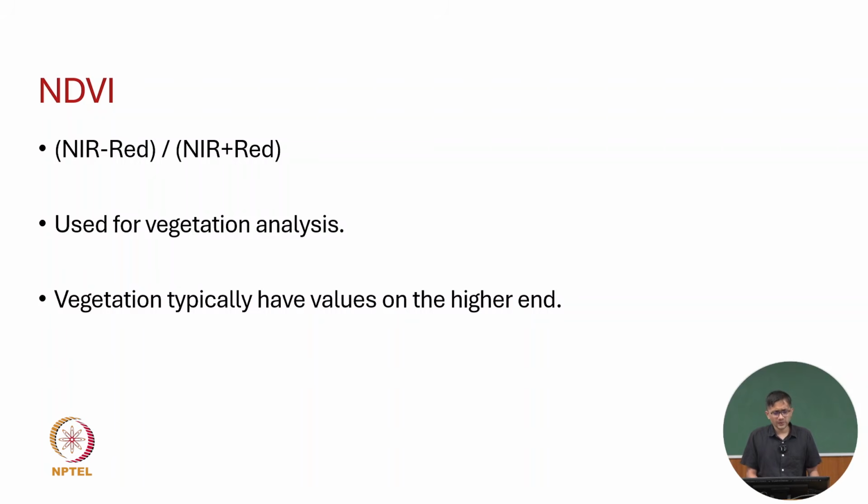Also, it's important to emphasize at this point that these indices work just like the bitemporal false color composition, which gives us a bit of an idea of what kind of change is happening over an area, but is not really a substitute for more sophisticated change detection methods. Similarly, these indices give us an overview, but of course they are not an alternative to more sophisticated deep learning or machine learning based analysis, which we'll be talking about later in the course.